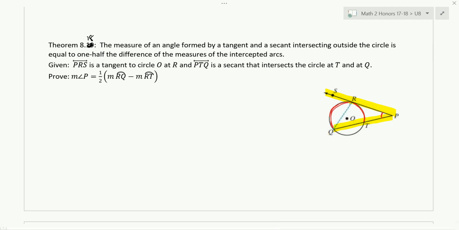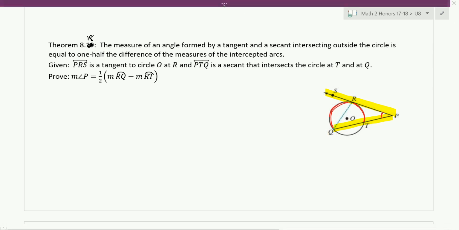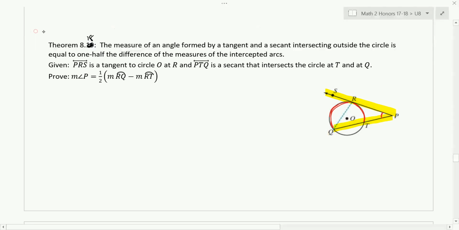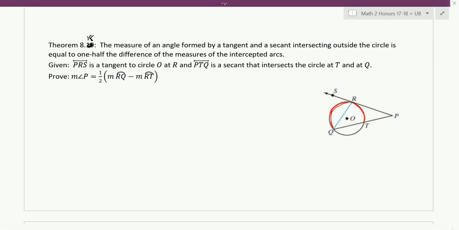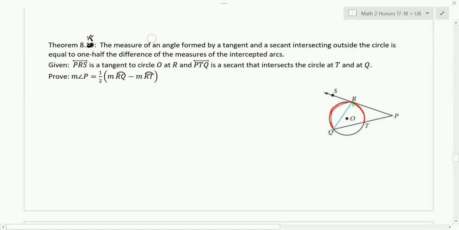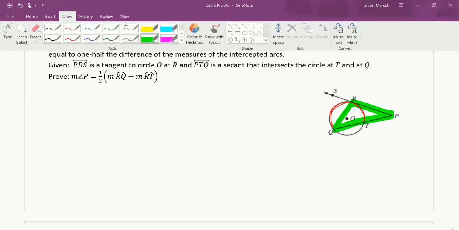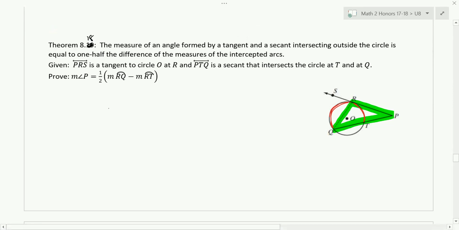And to help us, we're going to focus in on this triangle that's drawn in our picture here. We're going to use the exterior angle theorem again. If we look at this triangle, we want our theorem to include the measure of angle P, which is one of the angles in that triangle. So let's look at RQP as well.